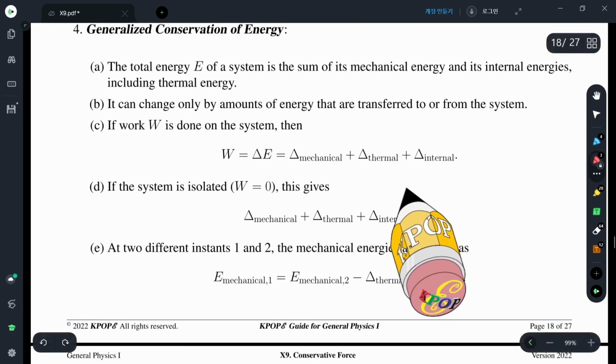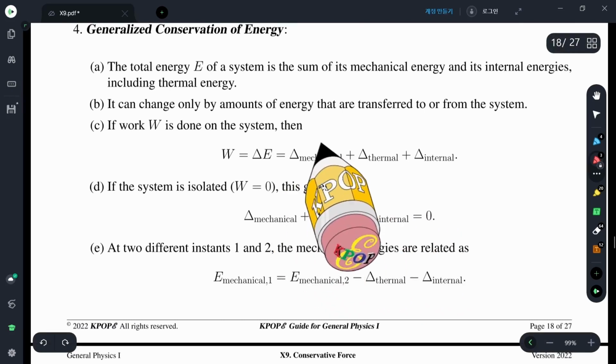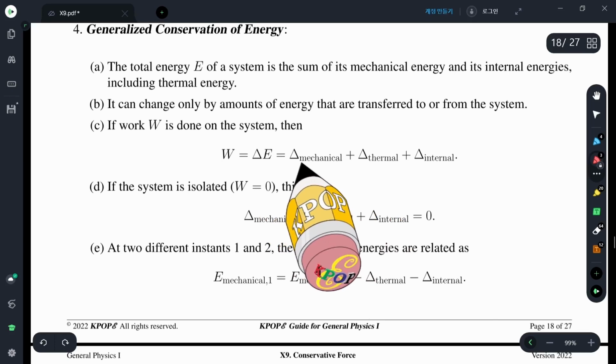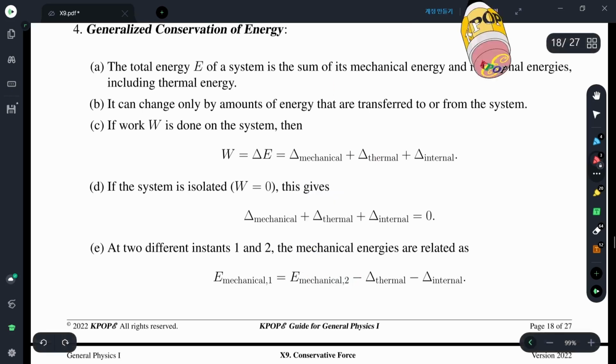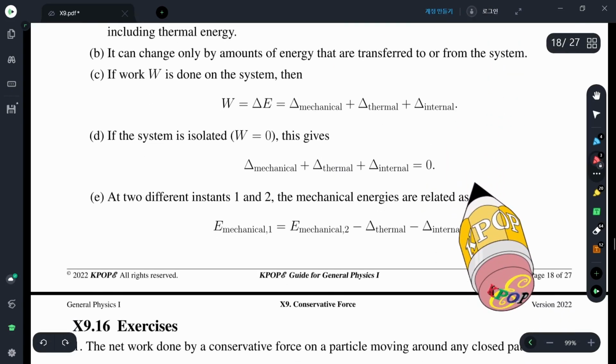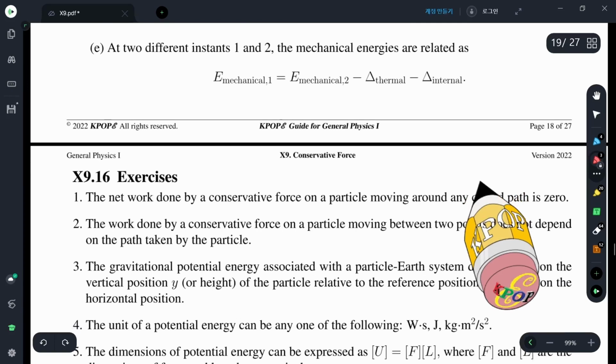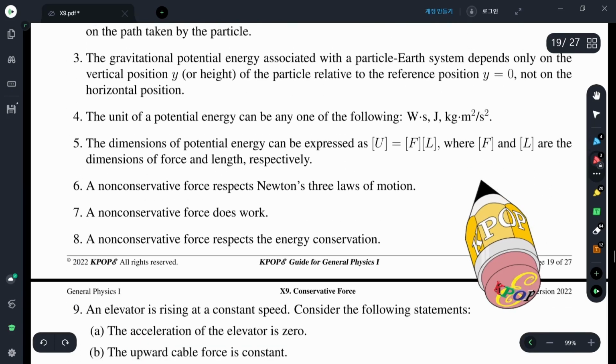So generalized conservation of energy is not only for the mechanical energy, the total mechanical energy that is the sum of the kinetic energy and potential energy. There is another kind of energy saved in some form, that is thermal or internal energy.